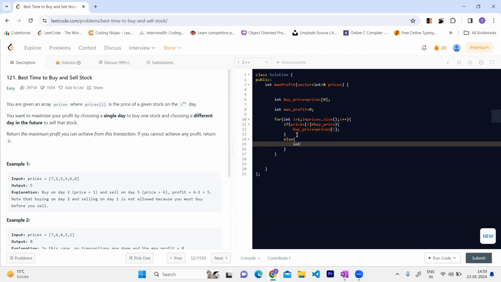Else we need to calculate our current profit, which will be equal to new price minus buy price, right? And our max profit will also be equal to the max of current profit and max profit.